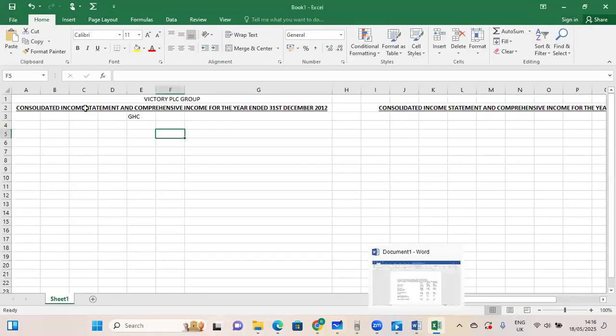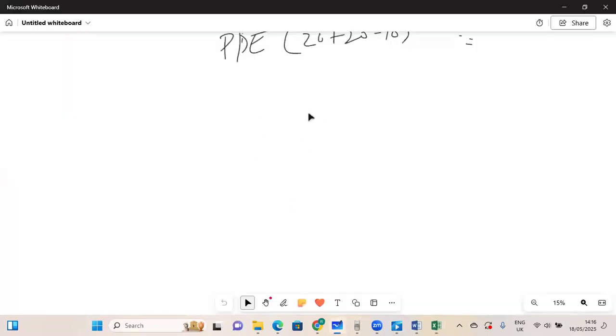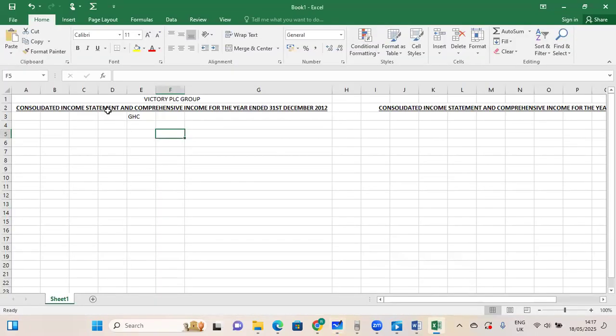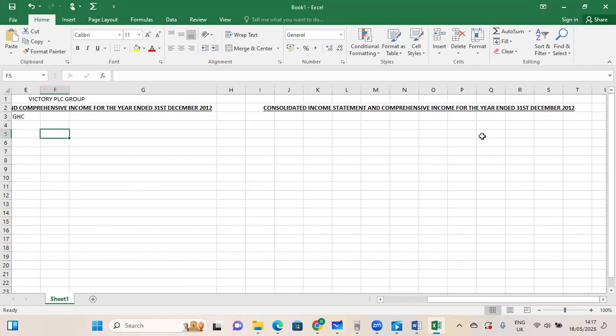So we'll be doing the workings at this side. I'll be writing the workings here, but I'll be doing the income statement and then the financial position, right? Assets.